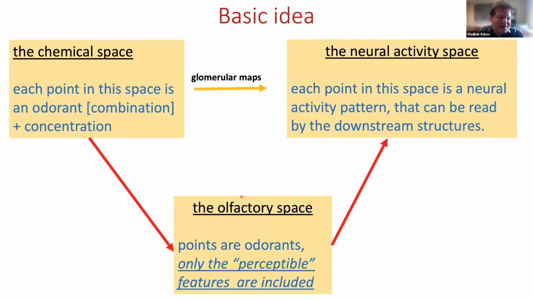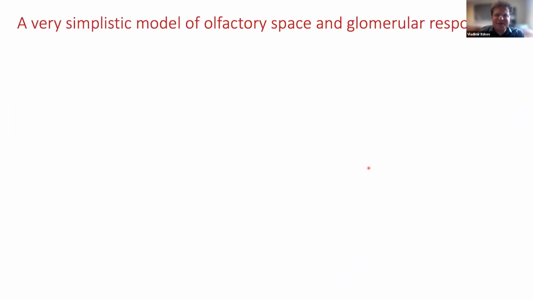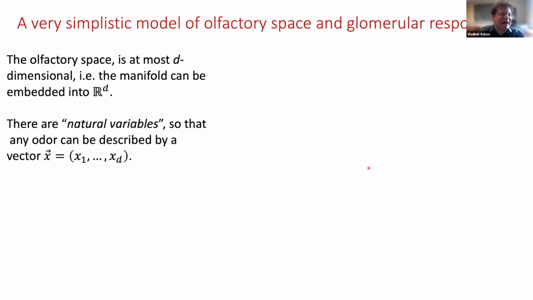So the idea is roughly the following. We assume that the receptive fields, whatever the space is, if you just postulate that receptive fields in this space are convex, that actually imposes constraints on the dimension. So that's the idea. And then, of course, we need some model here, which I will describe briefly. My model will be extremely rudimentary.